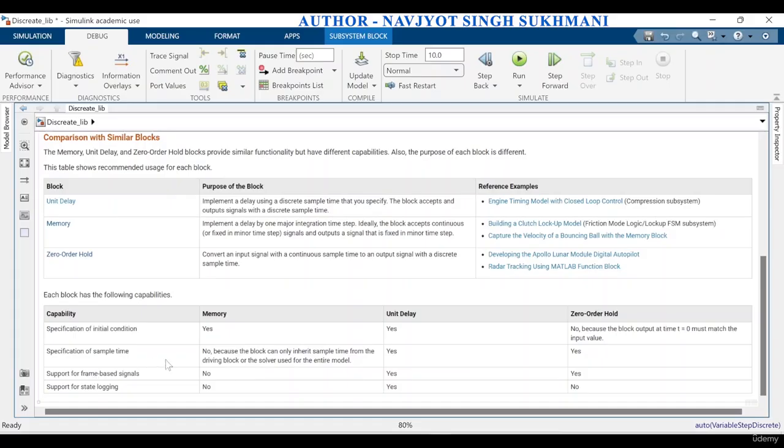But unit delay has a sample time specification, and the zero order hold block also has it.